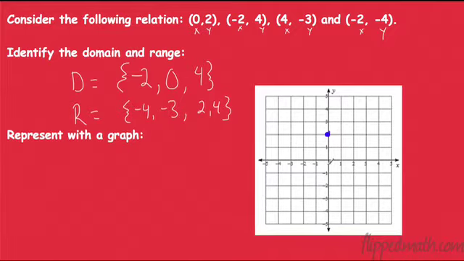That's 1 point. -2 over 4 up. That's another point. 4 over -3, 1, 2, 3. That's another point. And then -2, -4. That right there, we have our fourth point. So this is all stuff you've done before, but as you can tell, we're just going to talk about domain and range. These are very important things, all right?